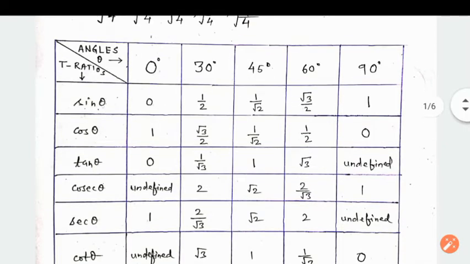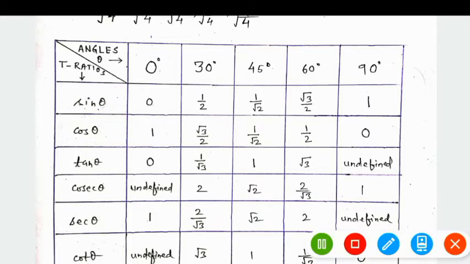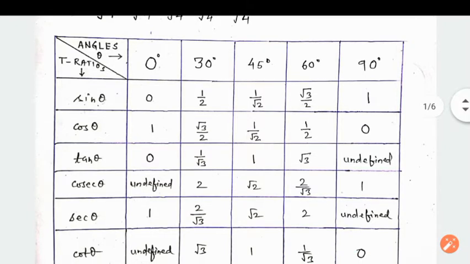When theta becomes 0, sine 0 degree is 0. What is sine 30 degree? Half. Sine 90 degree, the value of sine of angle of 90 degree is 1.